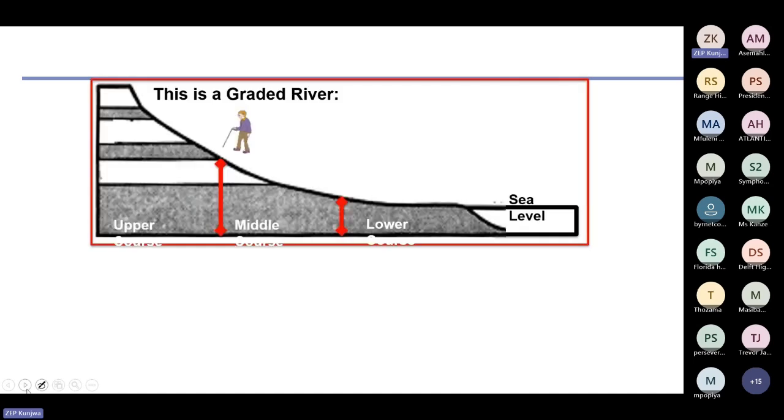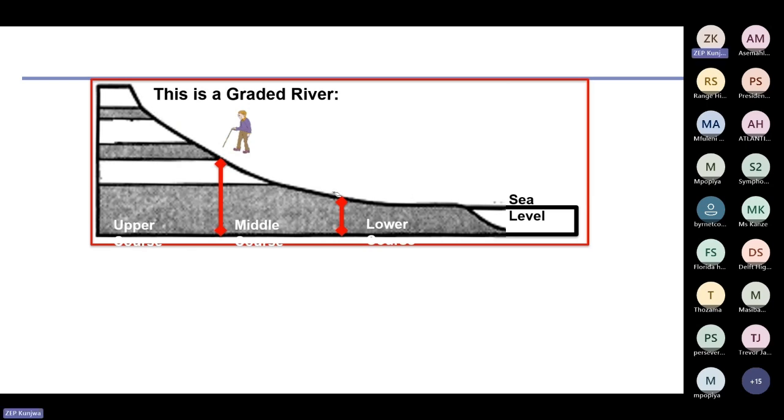Now, let us look at the graded and ungraded profiles of rivers. Now, this is a smooth concave profile. It's so smooth, you can see it's almost uniform.